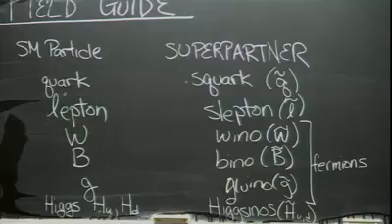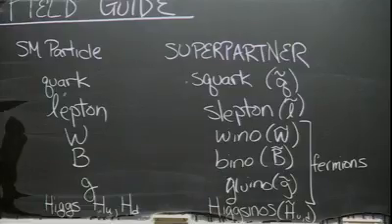Now, if you write down any model for supersymmetry, there's a ton of free parameters, over 100. So you immediately run up against the challenge of interpreting any experimental bound in terms of all of those parameters.